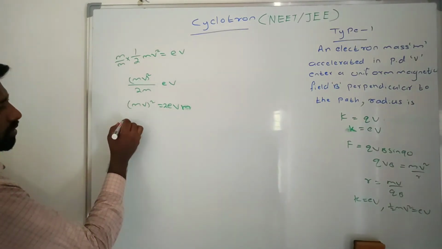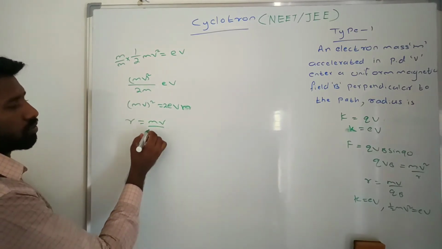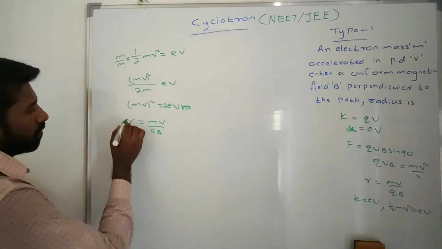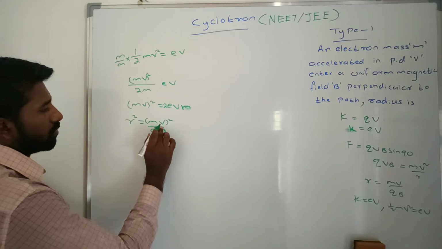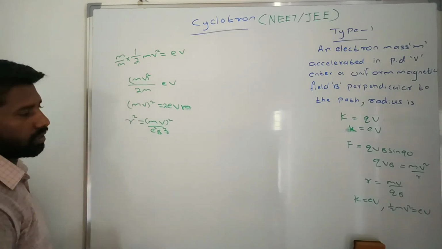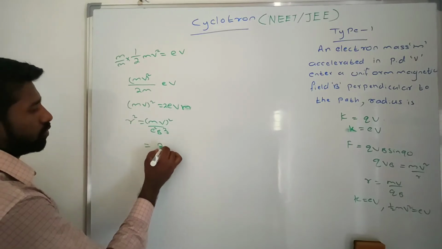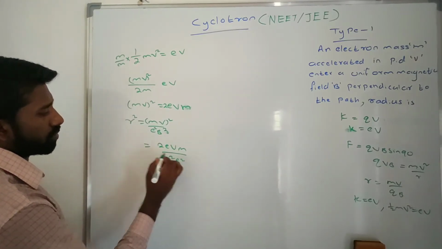Then what is our formula? That is mv divided by qB. Here the electron is moving, so eB. Okay, what about r square? r square is equal to (mv) square over e square B square, you will get. What is (mv) all square? From this formula, that is 2eVm divided by e square B square.